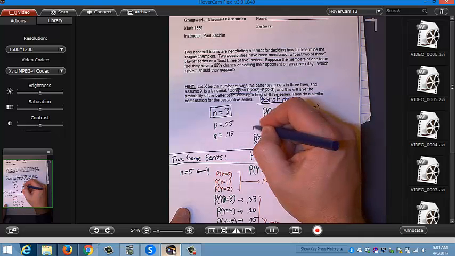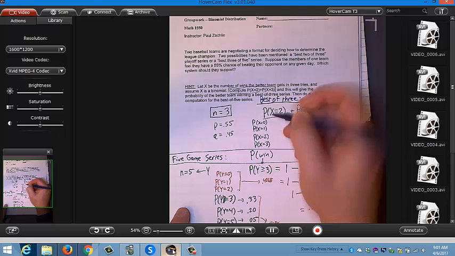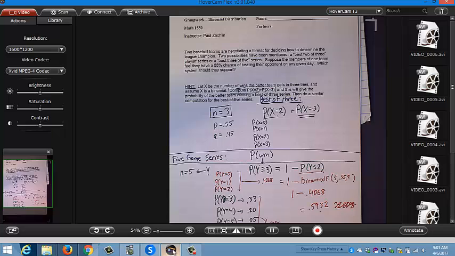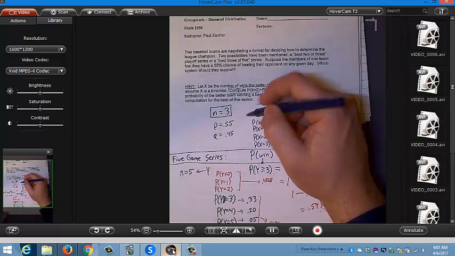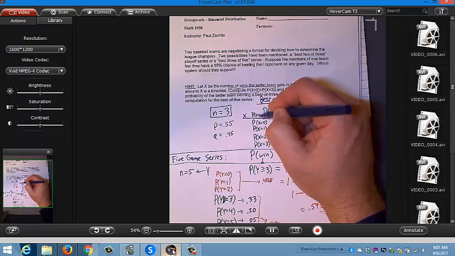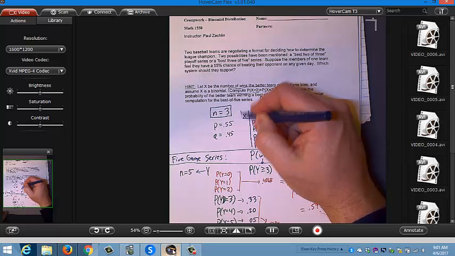Let me also compute the probability that x is 1 and the probability that x is 0 for the best of 3 series. Let me just do that. So again, I have x values and I have probabilities, probability of x equaling x. So I'm making a little chart here.